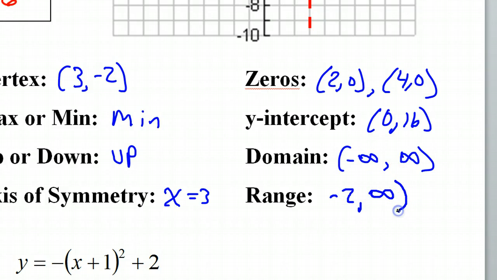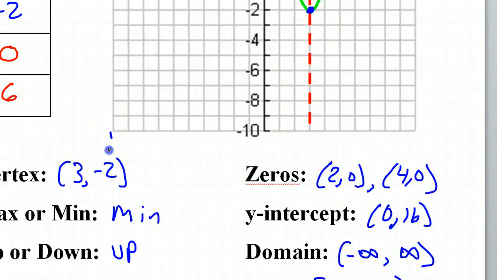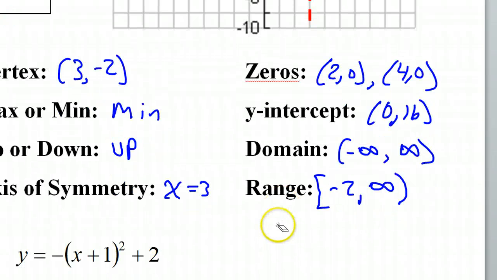Now infinities always get the round bracket. We're going to use a square bracket on the negative 2 to show that, kabam, the graph hits negative 2. Negative 2 is included as part of the parabola. In fact, you can see that negative 2 right here in the vertex, (3, -2). So the square bracket means the negative 2 is included.